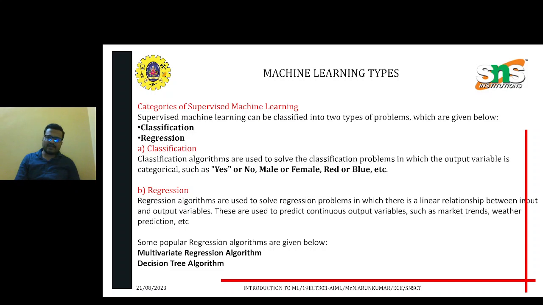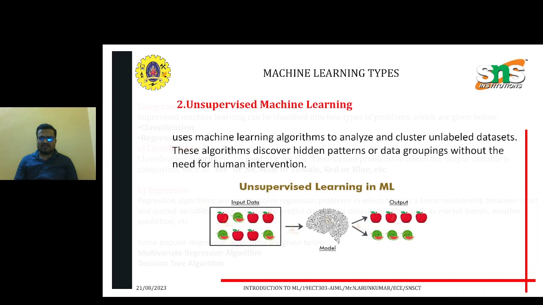Even though we are adding many inputs to the machines, the machine itself knows that some of the information might be wrong. At that time we can neglect that information by using this regression technique. These two techniques are implemented in algorithms such as multivariate regression algorithm and decision tree algorithms.